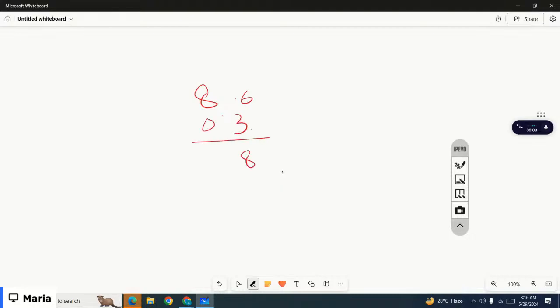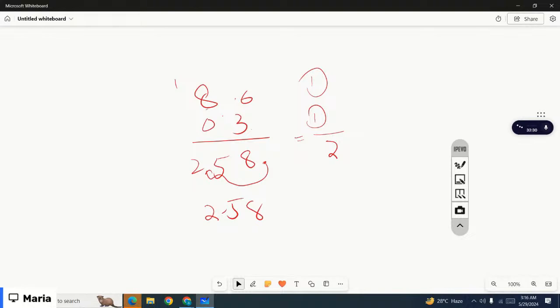3 times 6 is 18, write 8 and carry 1. 3 times 8 is 24 and 1 is 25. So one decimal place here and one decimal place here. So collectively they have two decimal places. So you need to move the decimal point from here to here. That would be 2.58. The correct option is 2.58.